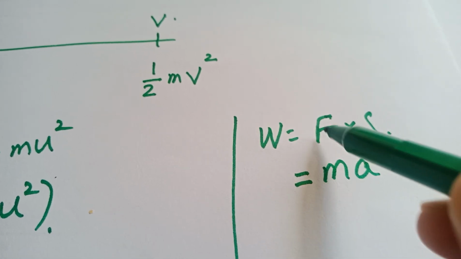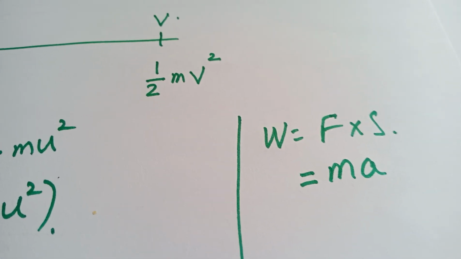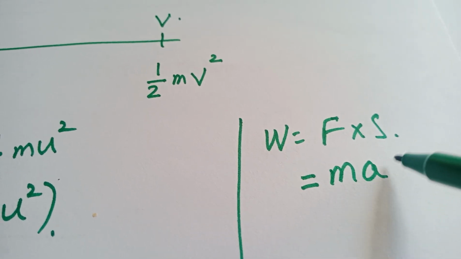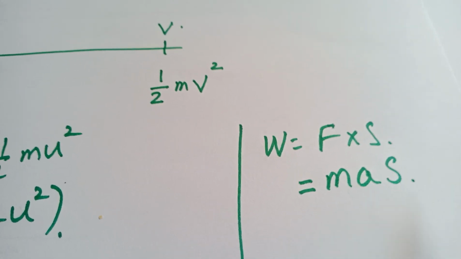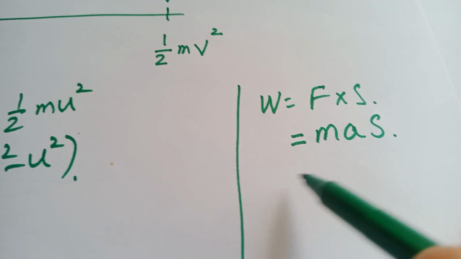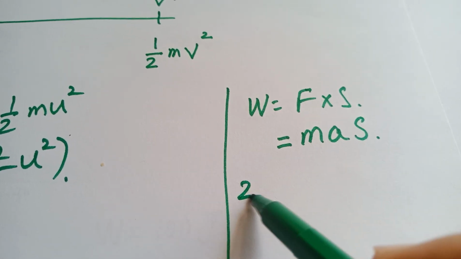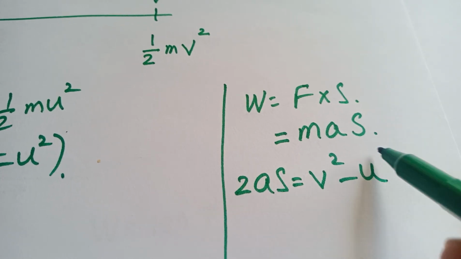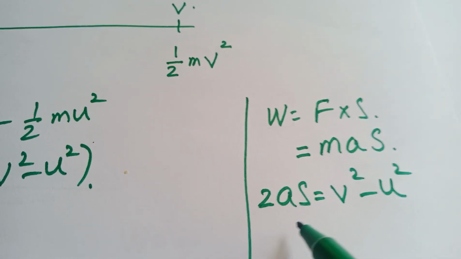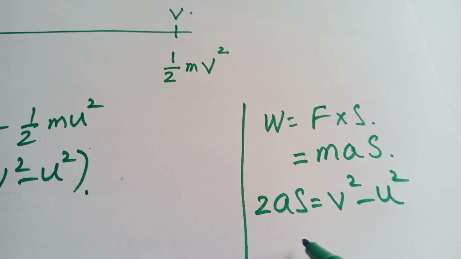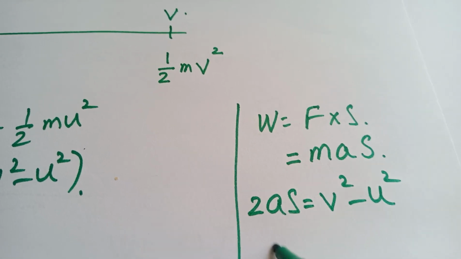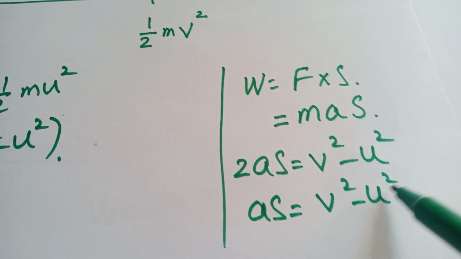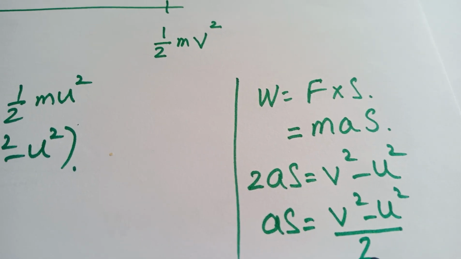You remember our famous formula, our favorite formula, F equal to ma. So this F is changed with ma times this S. And if I combine this with the equation v square minus u square equals 2as, now this as is going to be v square minus u square over 2.